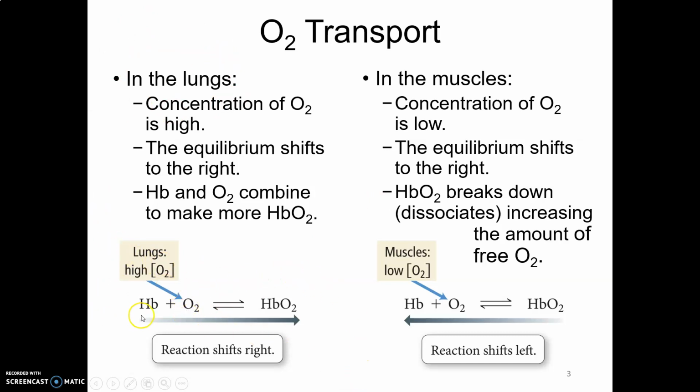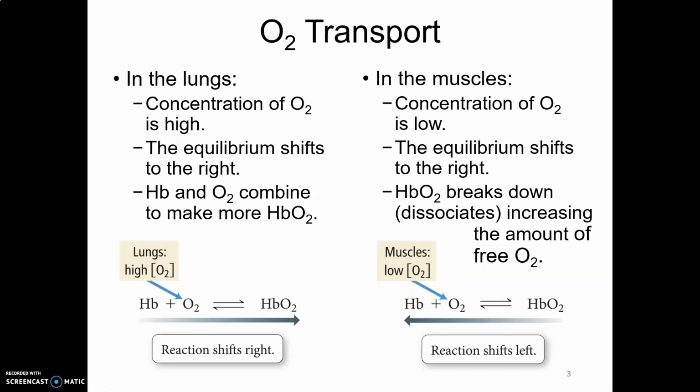So the reaction favors the forward progression towards the production of this compound that has the hemoglobin and the oxygen bound together. Whereas in the muscles, you don't need a lot of oxygen. So the reaction actually tends to proceed more to the left, and you end up having more of just the pure hemoglobin and the unbound oxygen, because we have a low oxygen concentration in our muscles.